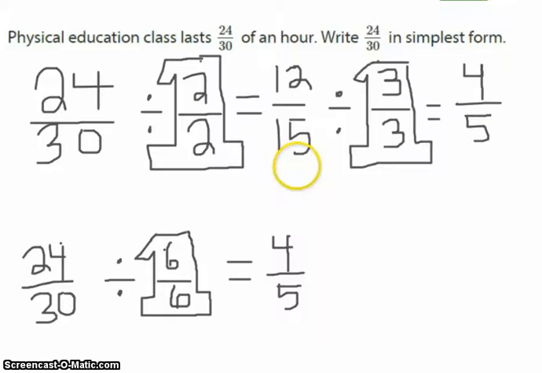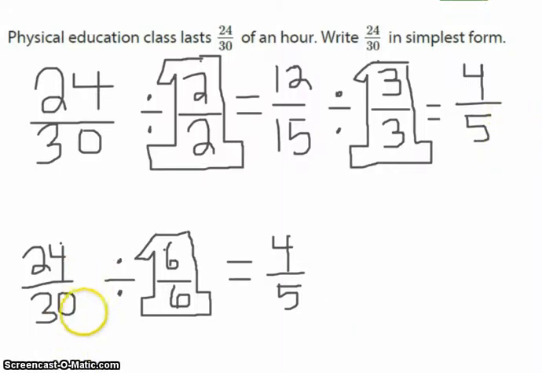But I also know that this fraction here isn't in simplest form, and so I know that the factor of 3 will divide evenly into both 12 and 15. So I'm going to divide by 3 in both the numerator and the denominator. 12 divided by 3 is 4, and 15 divided by 3 is 5. 4/5 is 24/30 in simplest form.